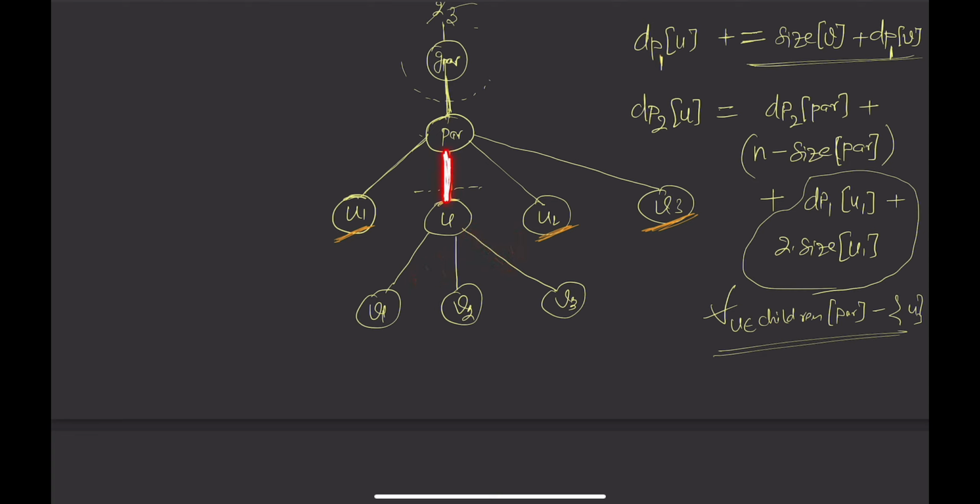And if I want to find this one, so that means dp2 of u can be written in terms of the parent. So if I already know the dp2 of parent, that means what was the answer coming from outside of this edge for this edge, right? So dp2 of parent will be incremented because all these nodes will have their length incremented by +1, right?